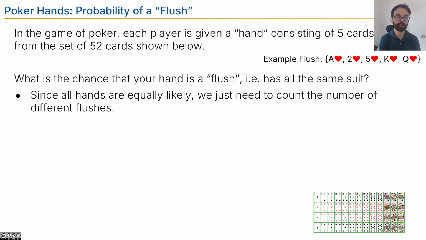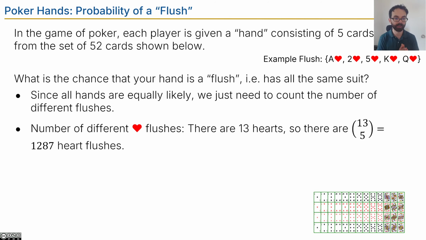Okay. So first I'm going to note, because it is a uniform probability space, all we need to do is count. Just back to the counting lecture. So we need to count the number of different flushes. Okay. So one of them is here. How do we do that? Well, we're just going to build on what we did earlier in today's lecture. So first I'll note, how many different heart flushes are there? How many different ways are there of getting 5 hearts?